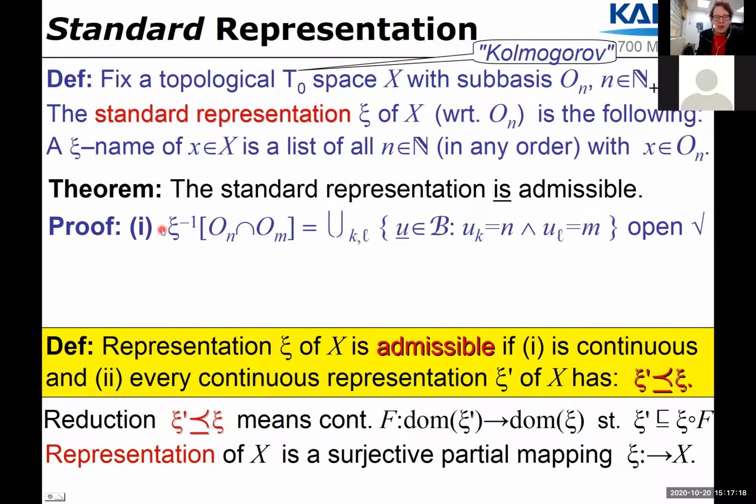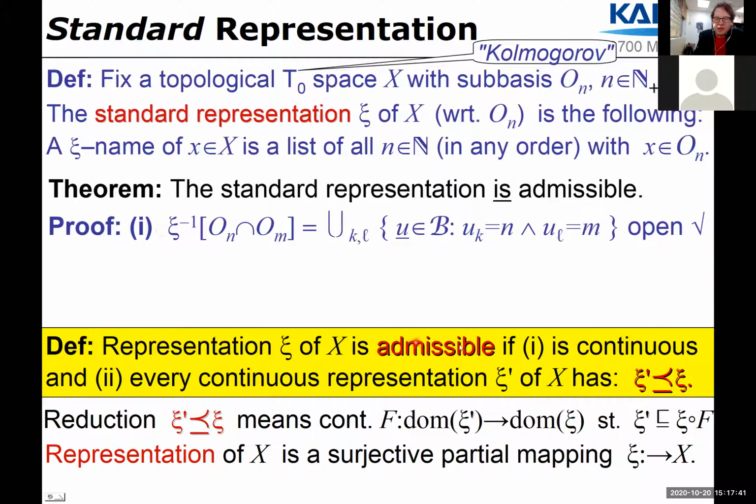I'd like to point out again that here we've used one of the many equivalent definitions for a mapping to be continuous, but a rather modern one. This is not the Cauchy or Weierstrass epsilon-delta definition for metric spaces. This is the general definition of continuity for topological spaces.